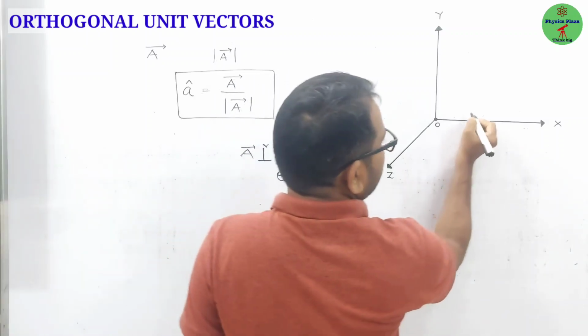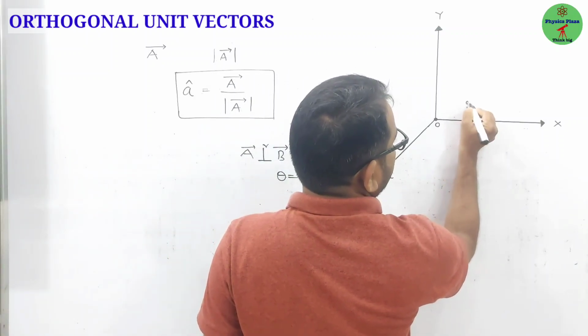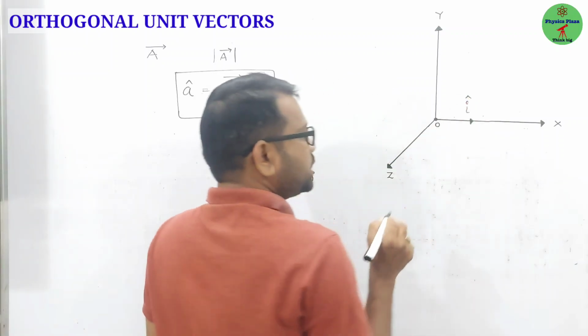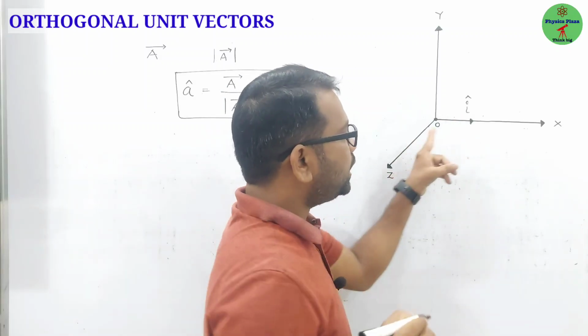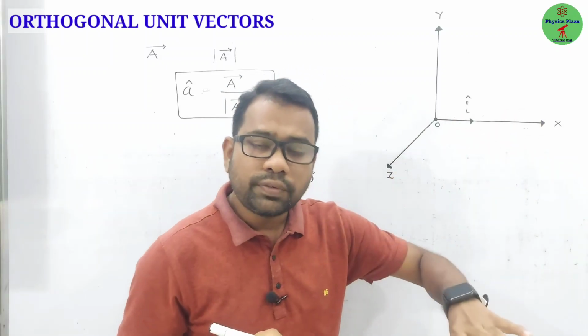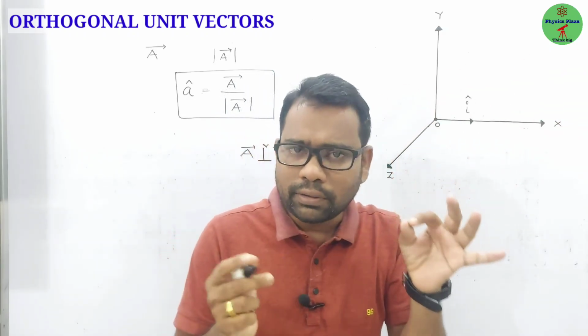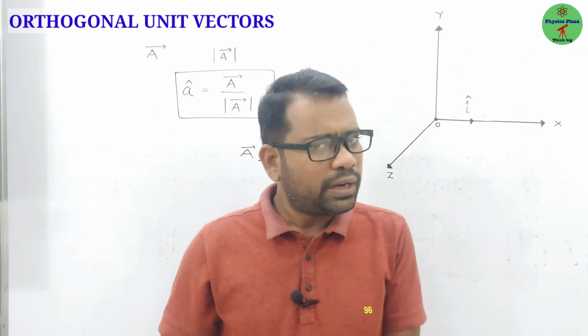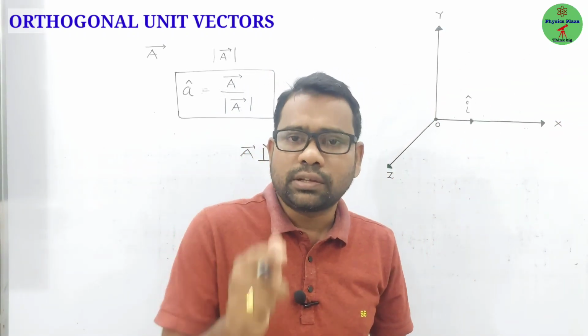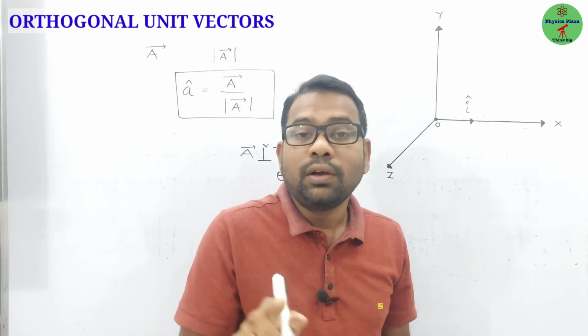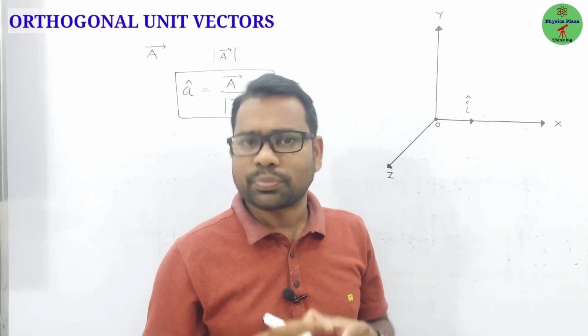We can represent that with i cap, children. So i cap is a unit vector along the x axis. This is what we go on using throughout vectors, children. Whenever i cap comes to your mind, you should think that it is a unit vector which is acting along the x axis.